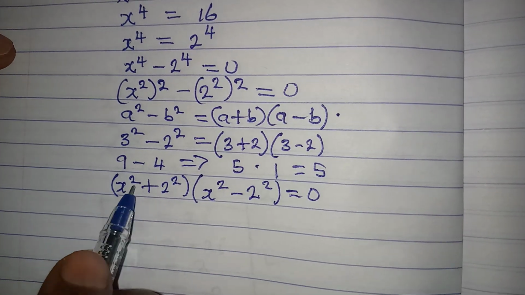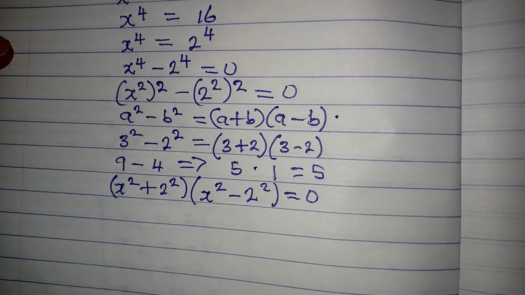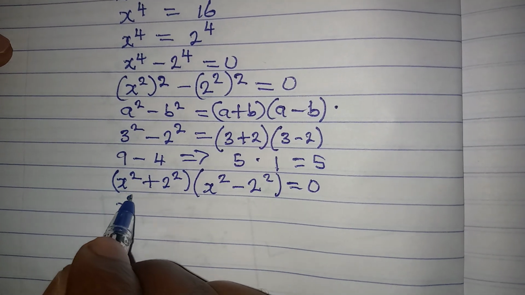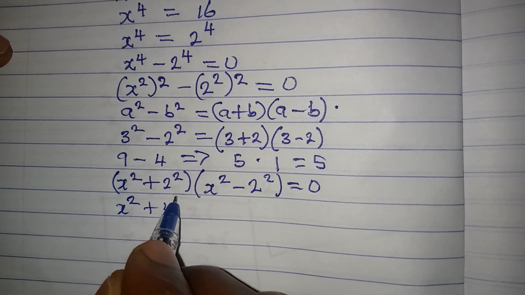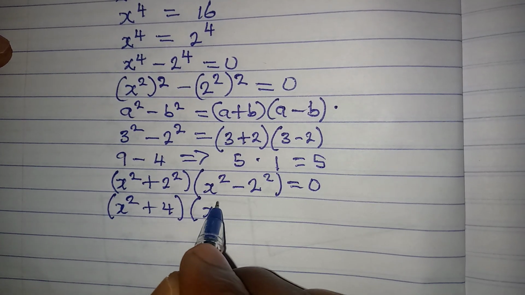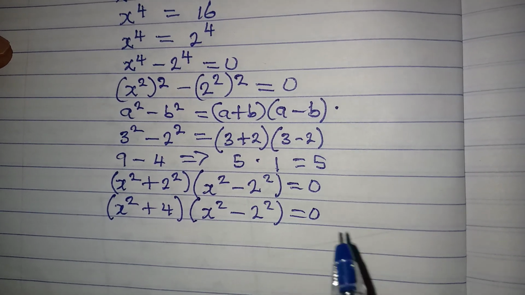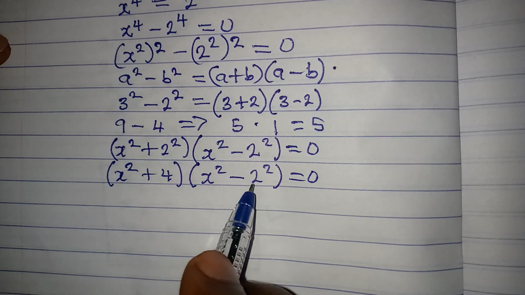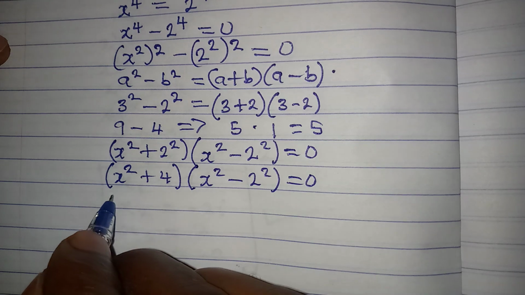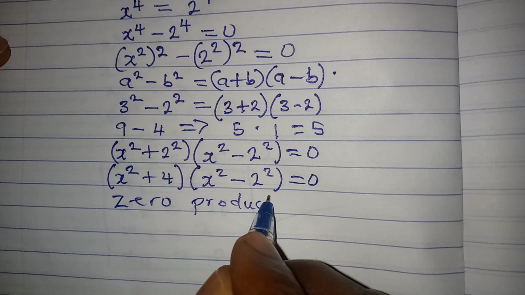On this side, we have the addition of two squares, so x squared plus 4 is what we have in the first bracket. And in the second bracket, we have x squared minus 2 squared equals 0. I didn't turn this to 4 because we can still apply difference of two squares here. But what we will do first is to apply the zero product rule.